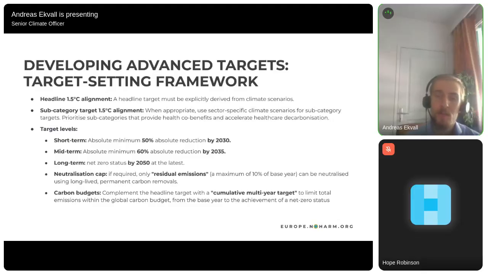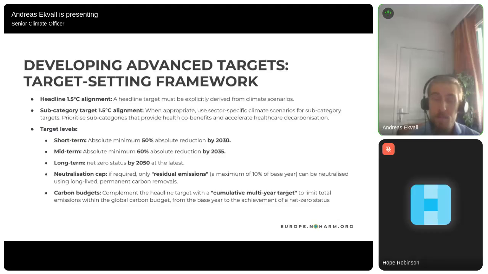Your subcategory targets should focus on the areas that deliver health co-benefits while aggressively reducing emissions within high impact categories. Third, for the target levels themselves, they should be mapped out following the climate science, which dictates rigorous reductions. So here I would recommend phased target levels with specific milestone target years.